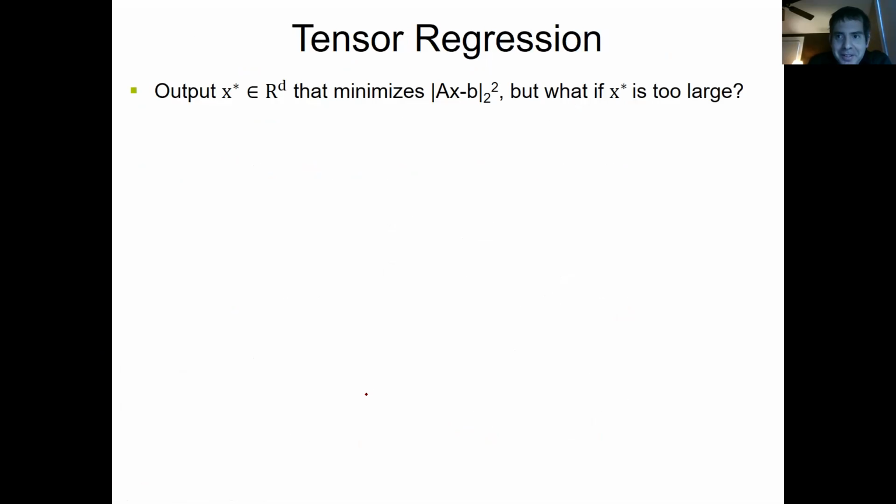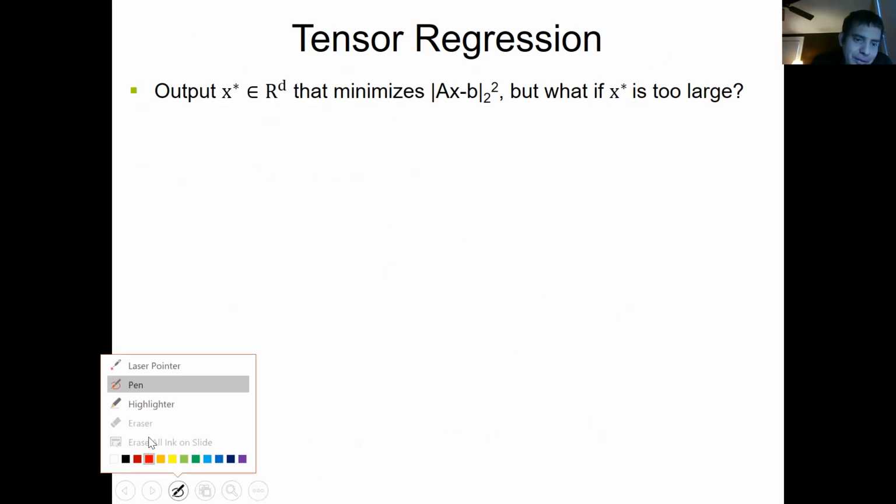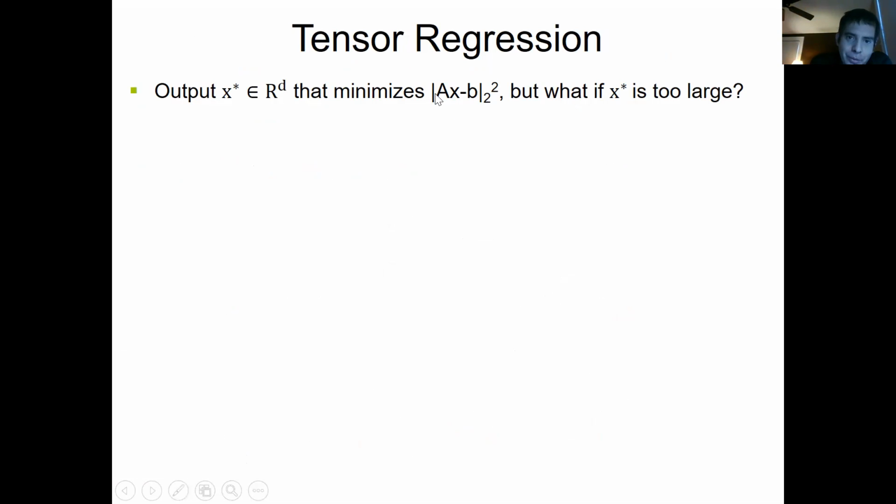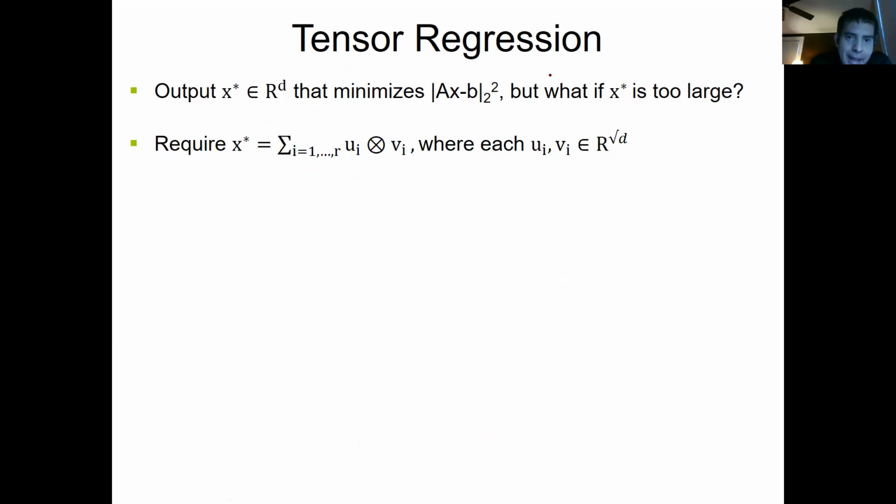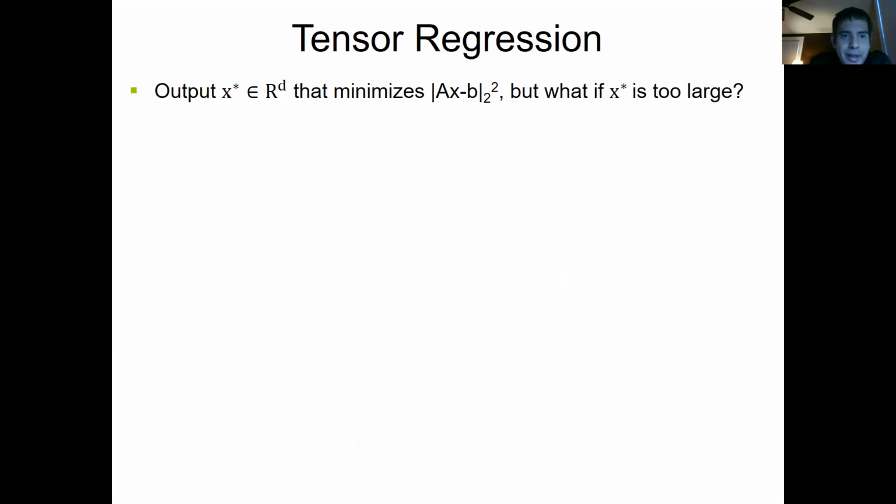Let me also mention another variant of regression that sometimes comes up, which is called tensor regression. Just go back to this vanilla version of least squares regression, where you have an over-constrained problem. What if your solution x star is d-dimensional, and you don't want to store d parameters?